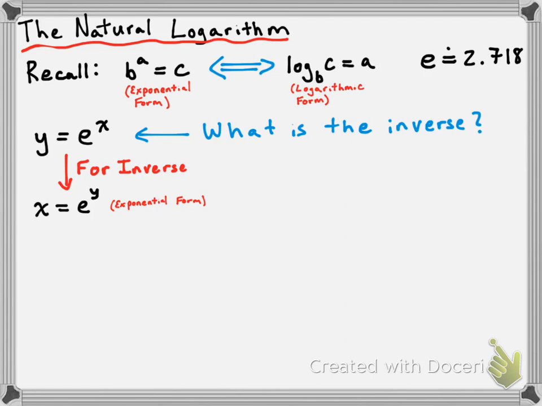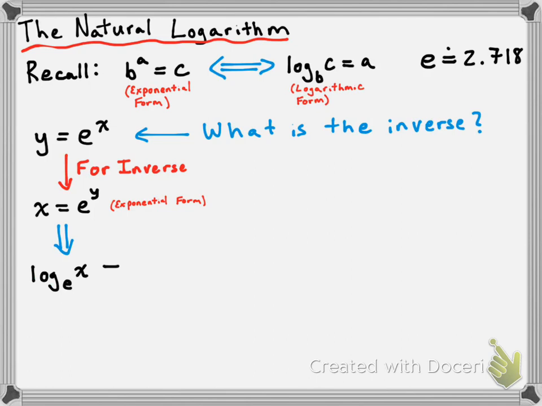Now, in order to isolate for y in this expression, what we're going to need to do is make use of the change between exponential and logarithmic form that we just discussed above. So since this is written in exponential form, I can convert it to logarithmic form. And notice that since the base of the exponential is going to be e, that means that the base of my logarithm, when it's in logarithmic form, is also going to be e.